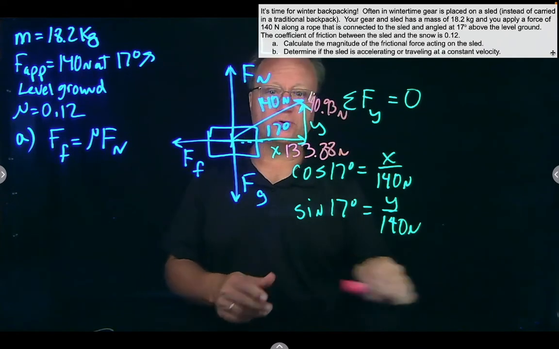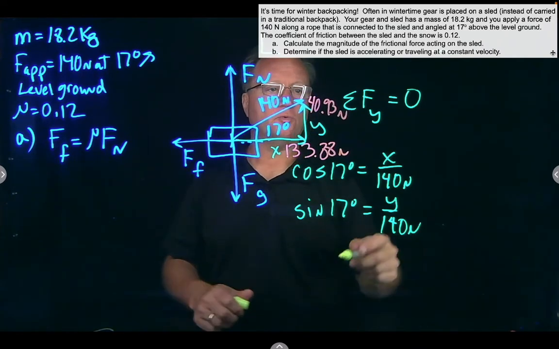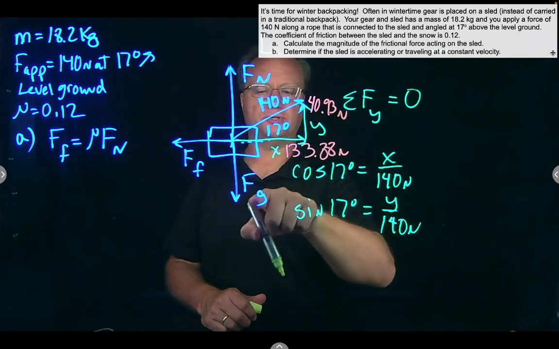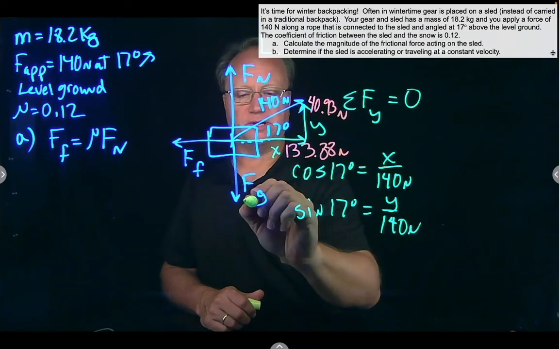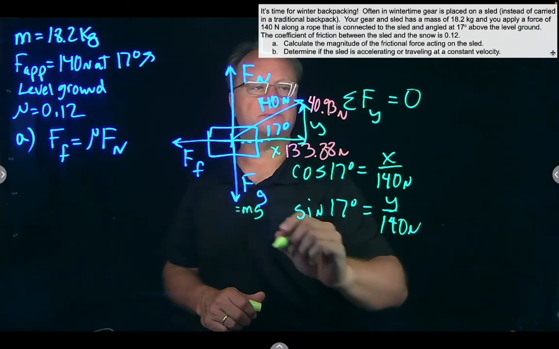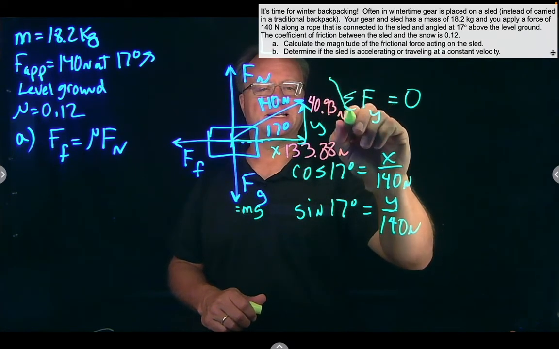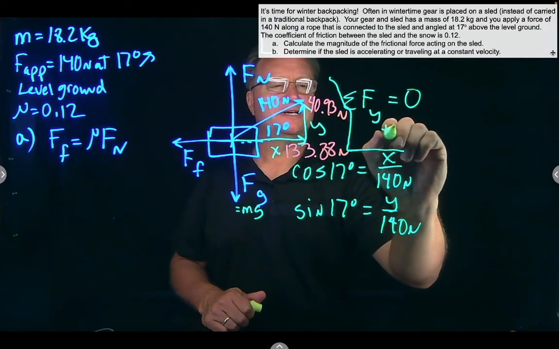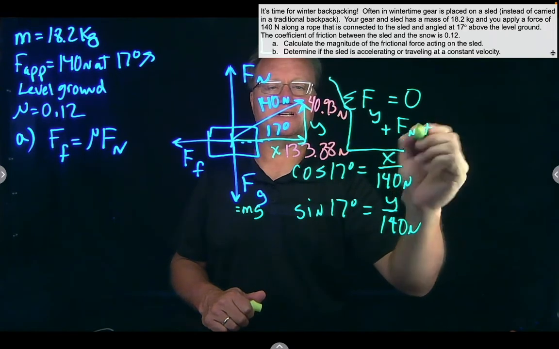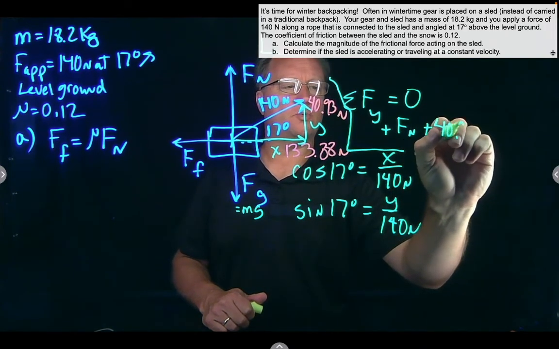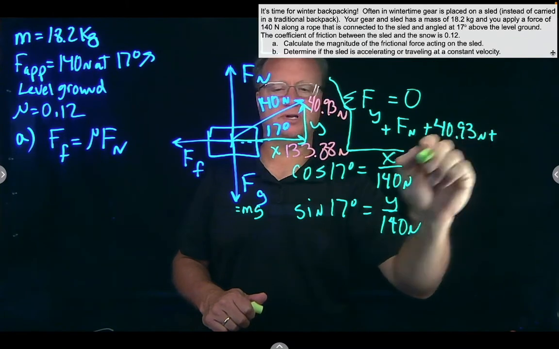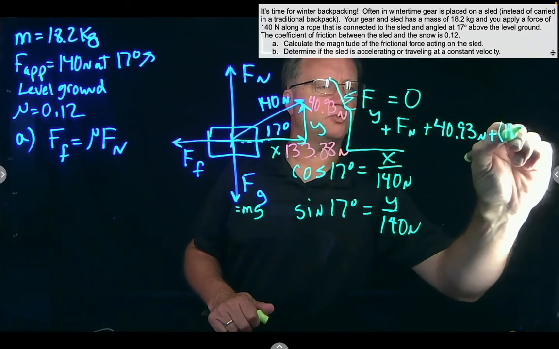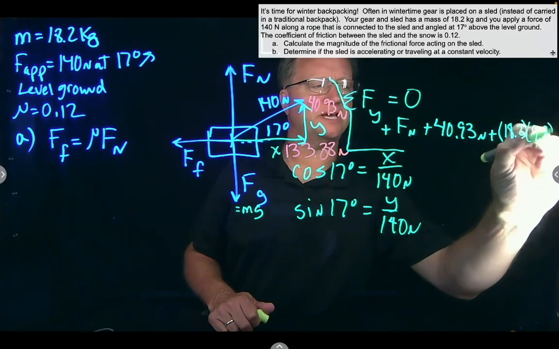Now we can set up our equation to be able to calculate what that vertical or what that normal force is. We have 1, 2, 3 forces vertically, remembering that weight is equal to mass times gravity. So then, as we set up the vertical equation, that'll be positive F sub n, because it's upward, positive 40.93 newtons, also upward, minus the weight, which is mg, 18.2 kilograms times 9.8.